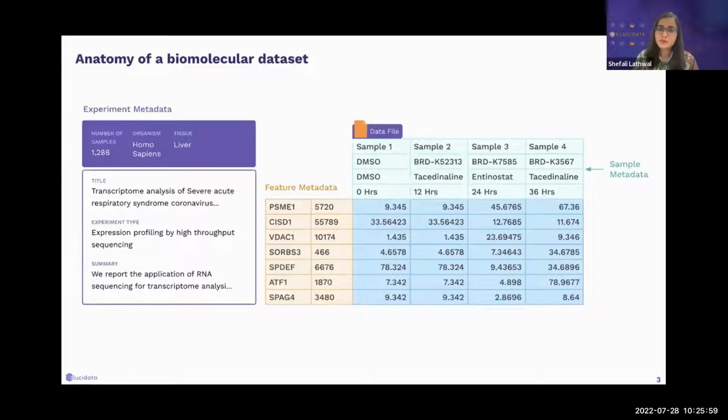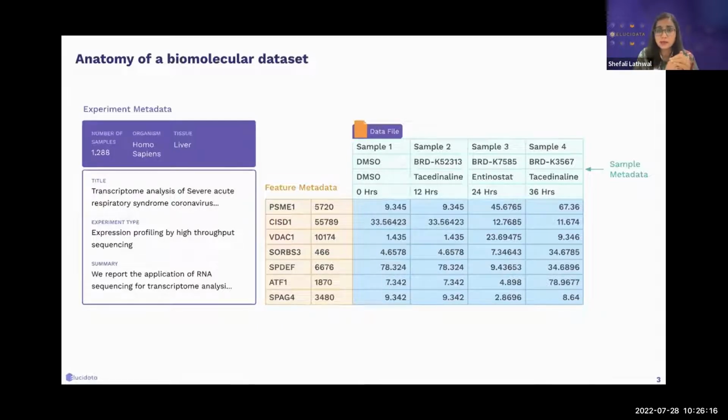And when I refer to metadata, I'm primarily referring to information about an experiment. For example, what is being measured, whether they're proteins, genes, metabolites, and so on, what biological system is being studied.